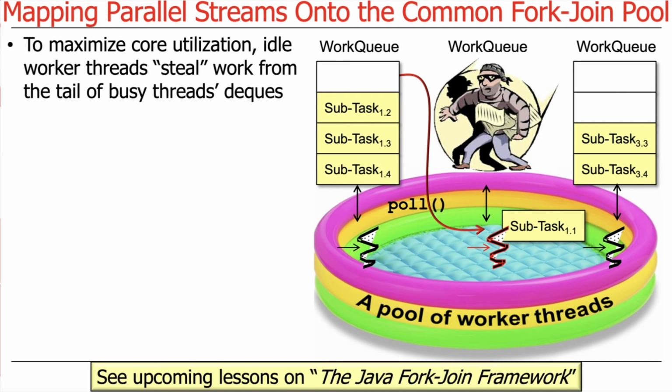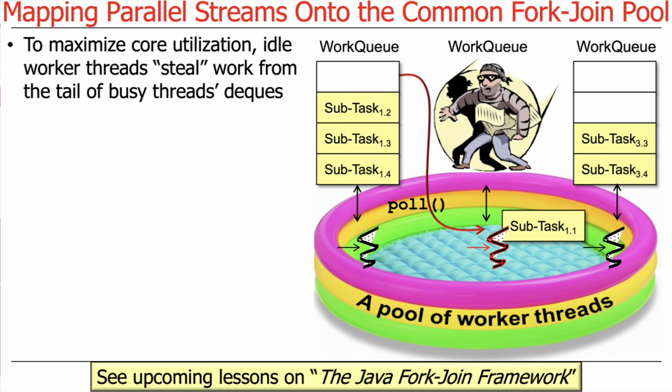As long as there's at least one element in the deck, if you steal from the end, you won't be contending or interfering with any locking that's taking place at the head. So it's going to be more efficient. Of course, if there was only one lock, then we would have contention all the time. But they're much more clever than that. They have this double-ended queue with different synchronizers at the tail and at the head, and therefore we steal from the end.